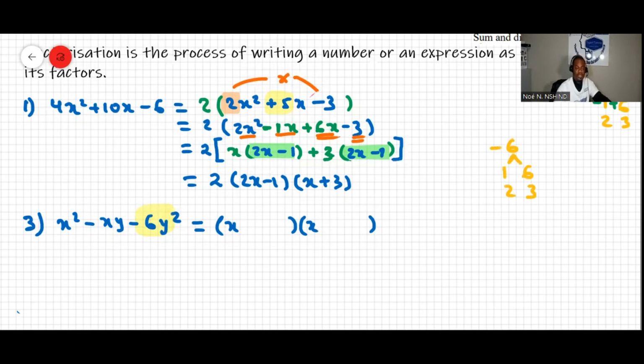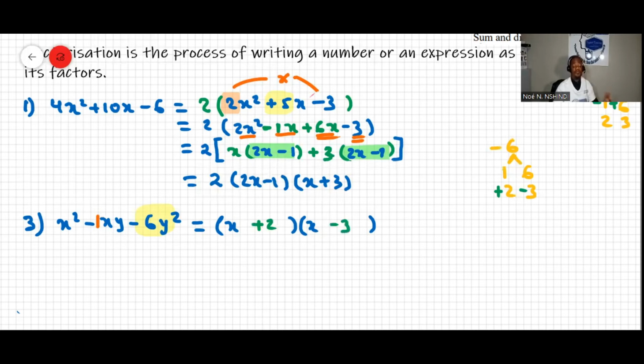What's the coefficient of the middle term? If you don't see any coefficient, understand that there is a 1 there, so it's negative 1. I can get negative 1 only if I use the last couple: a positive 2 with a negative 3, because 2 minus 3 makes negative 1. In the brackets I'll write plus 2 and minus 3.